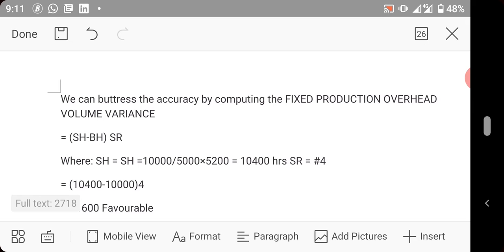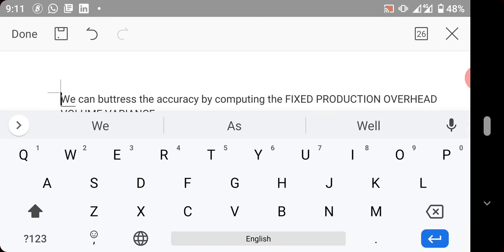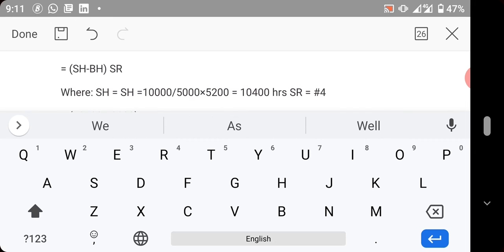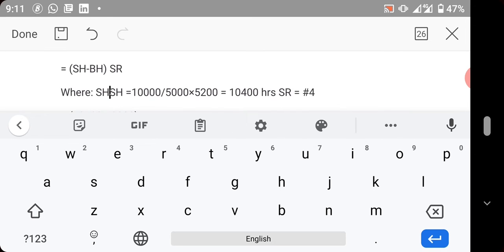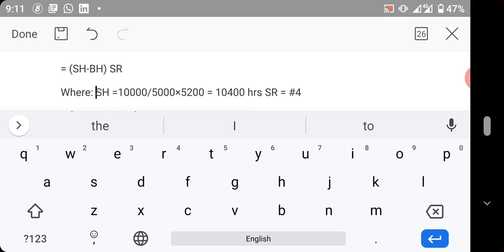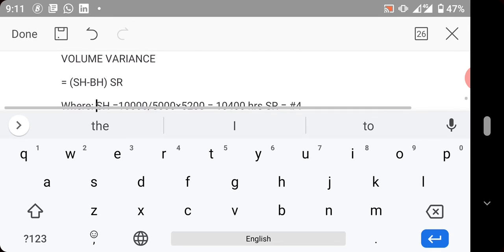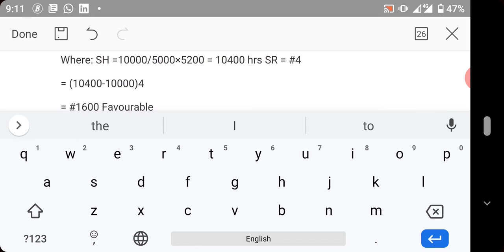Where standard hour is actually the same, which is 10,000 hours divided by 5,000 units times 5,200 will give us 10,400 hours, and standard rate is 4. So our budgeted hour remains 10,000. So we substitute. You can see that our 400 in the bracket times 4 will give us 1,600.